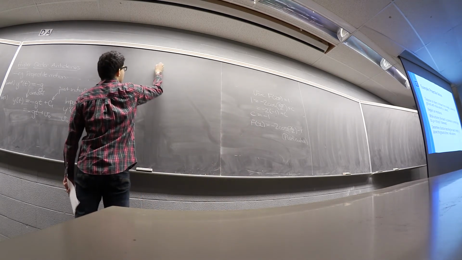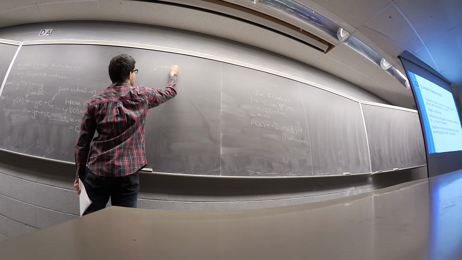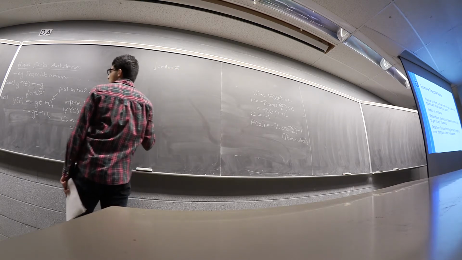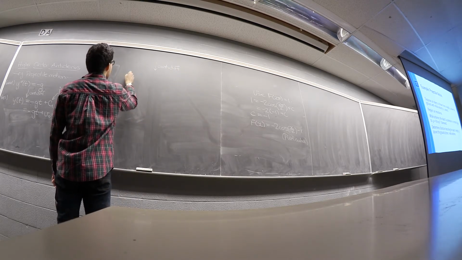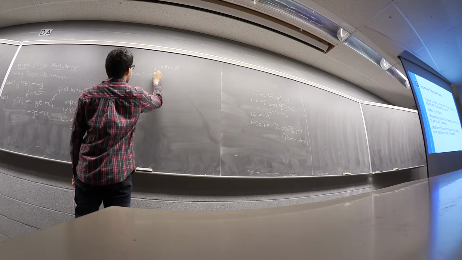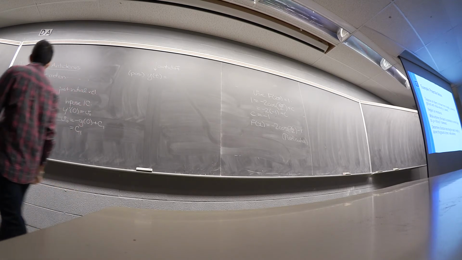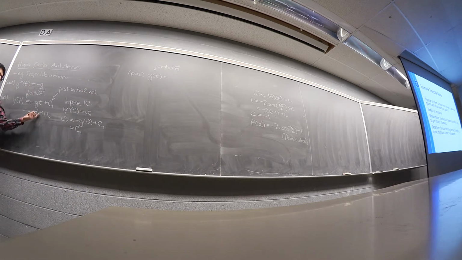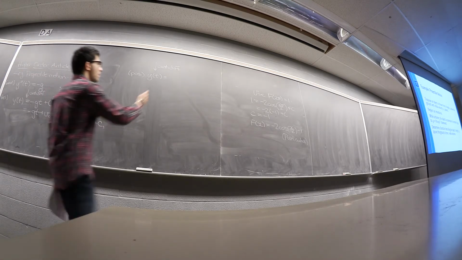Okay, so we anti-differentiate again to get the position. Vertical position. Be careful. Antiderivative of t is 1/2 t squared. So we're going to wind up with minus 1/2 gt squared.